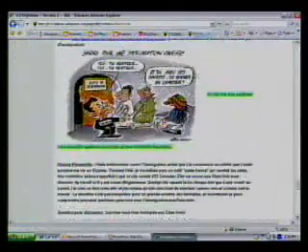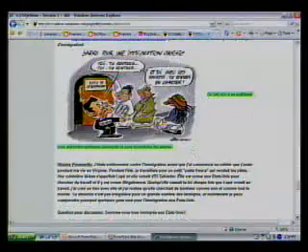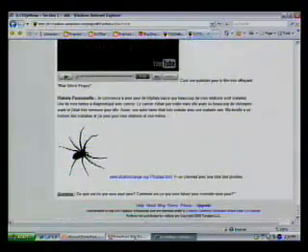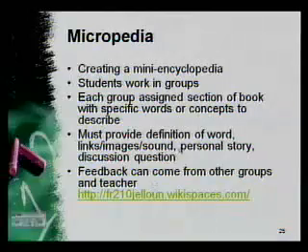So you can go down and figure out what revisions were made to a particular entry. So that's an interesting feature of this. So if you're giving a group grade, you can also take into account individuals and how they participated in the wiki as well. Okay, I think that's where I stop and let Laura take over.